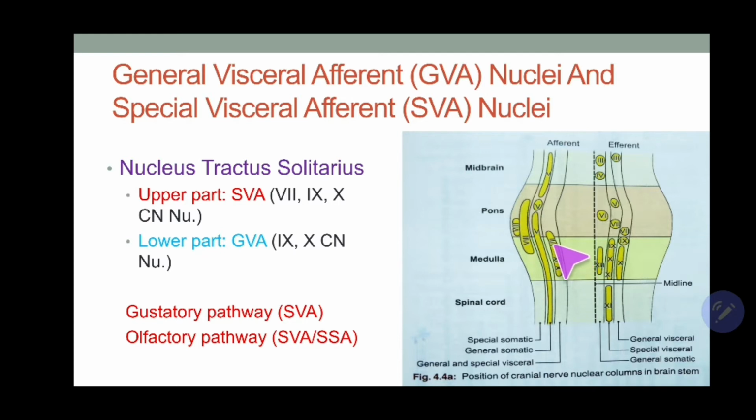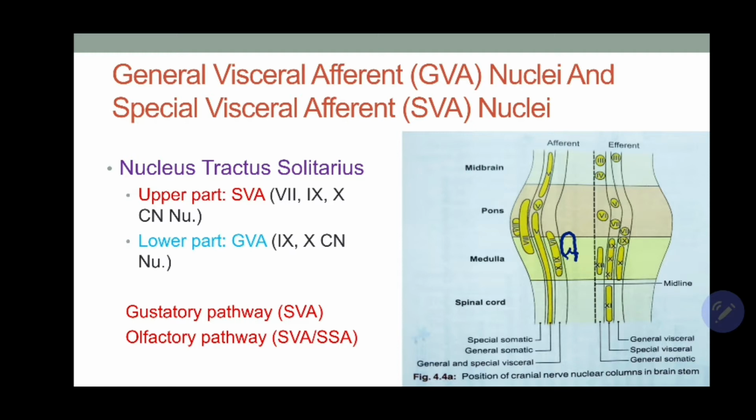So in the upper portion, that is the special visceral afferent nucleus, there will be fibers from the tongue, the taste sensations, and the positioning here is like this; let me draw it so it will be explained better. You can see here that the tongue is positioned like this with the sulcus terminalis.